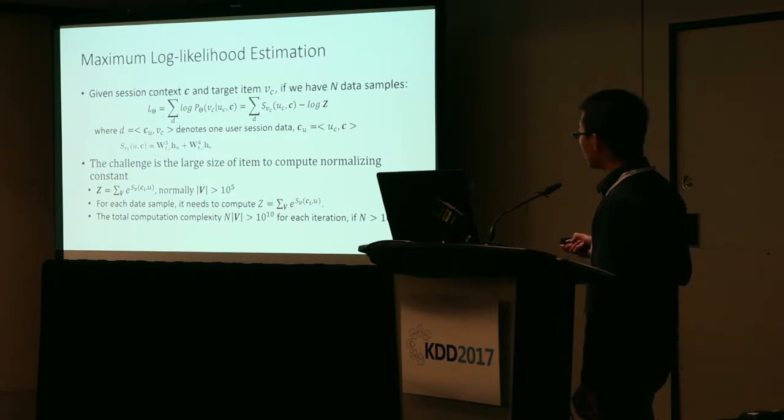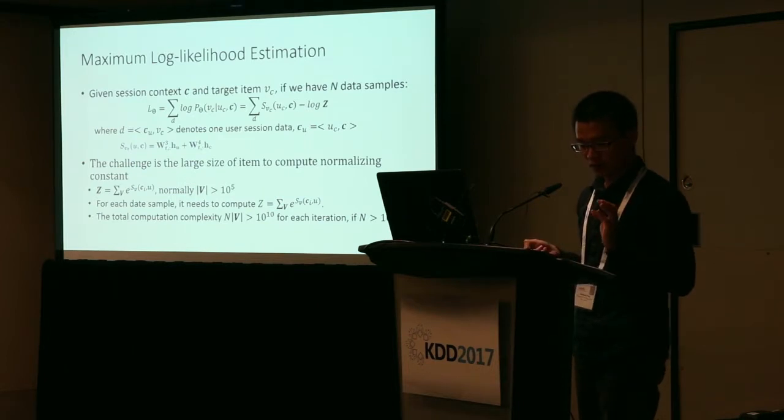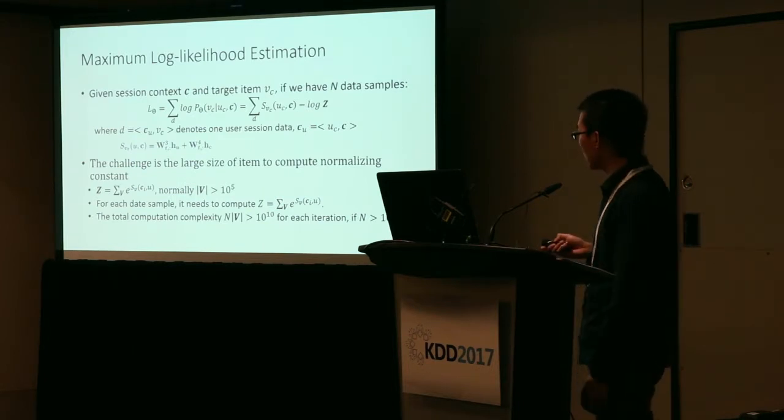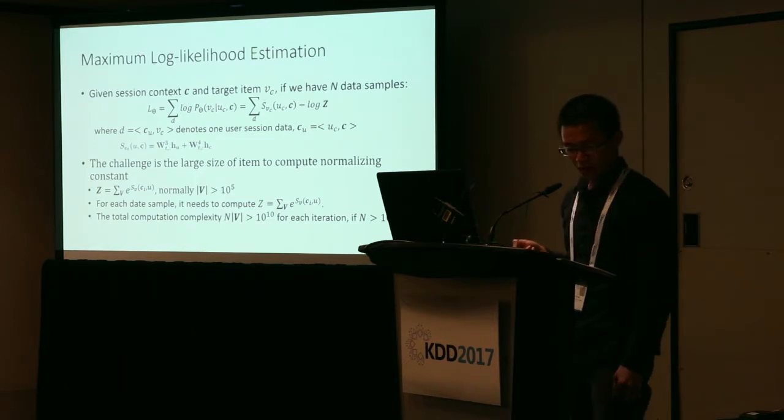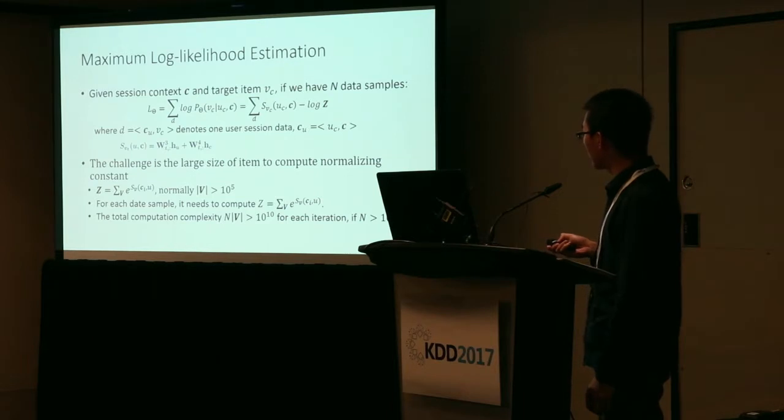This component indicates that for given data, we want to sum all the predictions together to construct the objective function. After taking the log likelihood, we will have this equation.